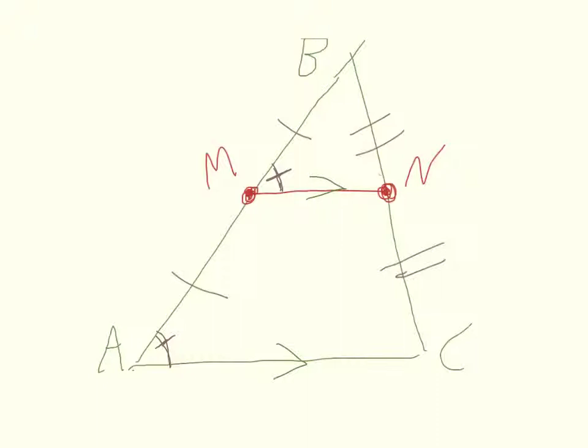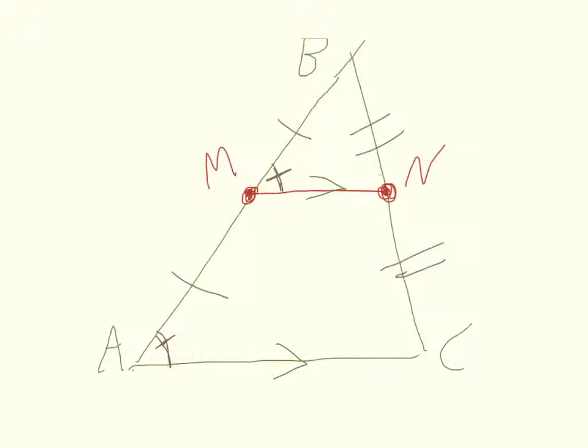Now that we proved that this line is parallel to this line, the last part of this proof is to show that MN, this line, is half the length of AC. Going back to the definition of similar triangles, we know that all the sides must share the same proportion or ratio.